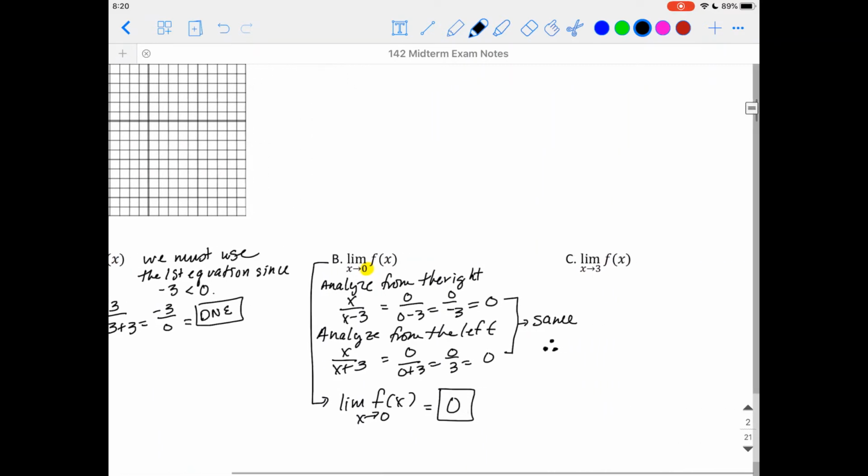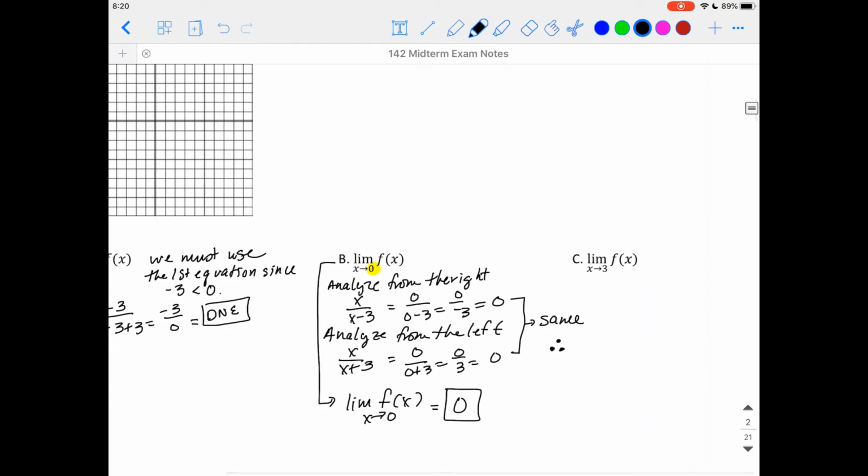And the last one, the limit of the function as x approaches 3, we must use the second equation, since 3 is greater than 0.